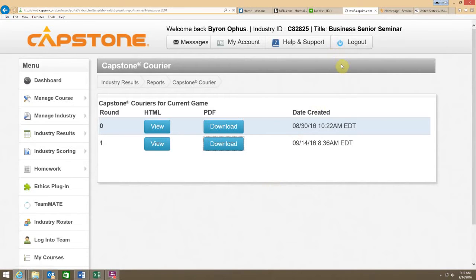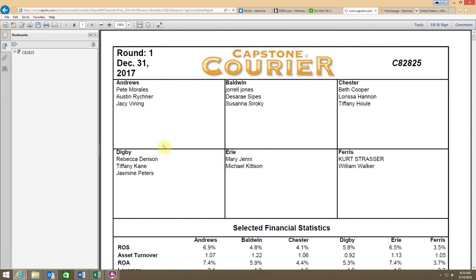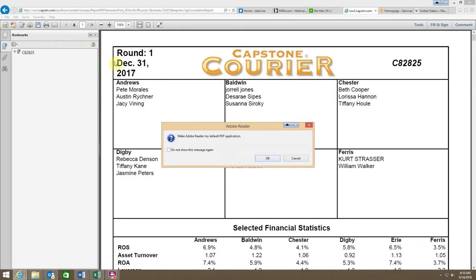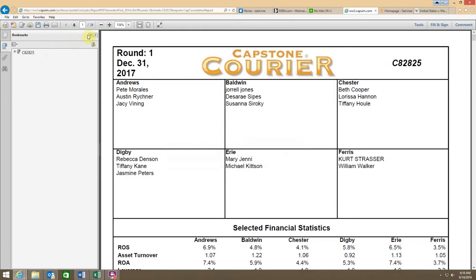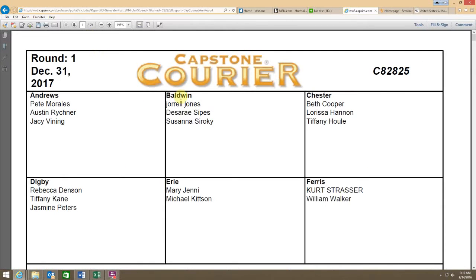It says it's still working. I guess it's time for me to have a drink of coffee while I'm waiting for it to download. I might be able to go brew a pot of coffee. There we go. Alrighty. Let me see if I can make it even bigger.